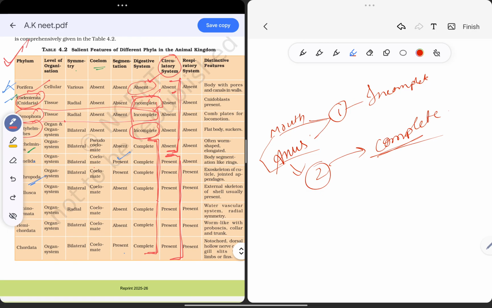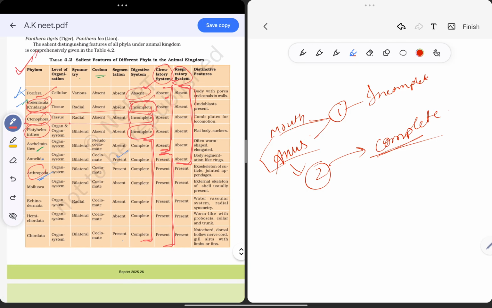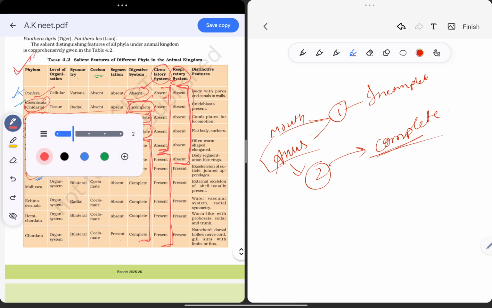The next one, the respiratory system, is also absent from Porifera to Annelida, but from Arthropoda it is present.